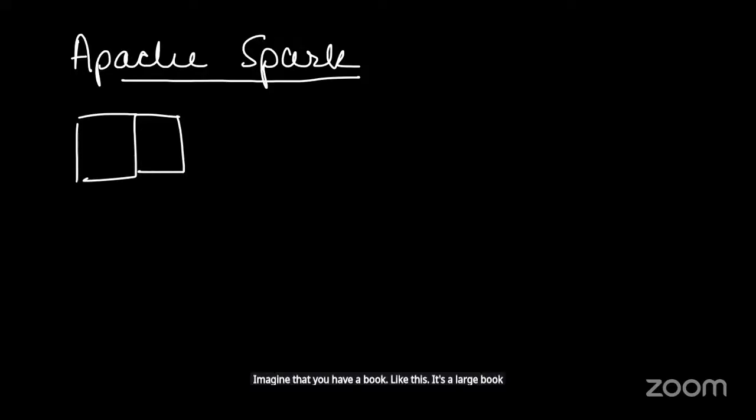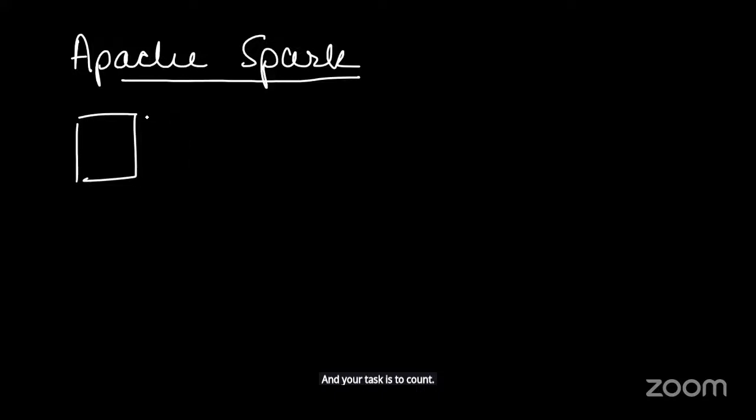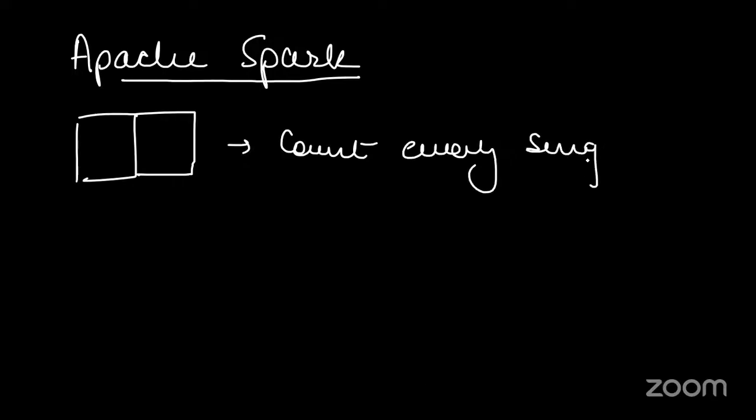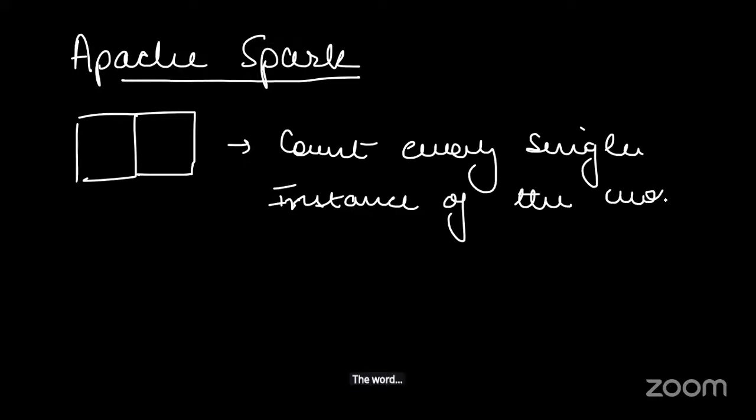What is Apache Spark? Imagine that you have a book like this. It's a large book, a giant encyclopedia. And your task is to count every single instance of the word "the".